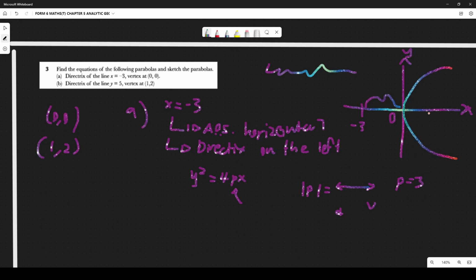Okay, looks nice. The best thing about these types of questions is the less information they give you, the less you have to provide. Since they only mention that the vertex is at the origin 0, 0 and that the directrix is the line x equals negative 3, that's all you need to input.